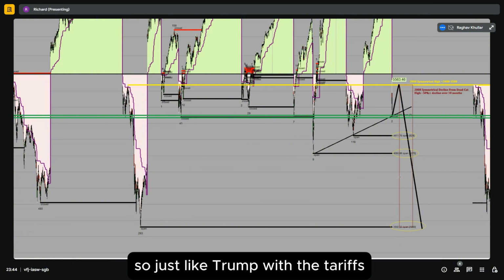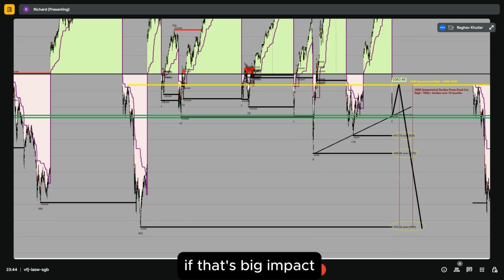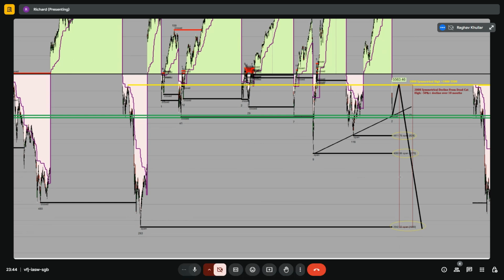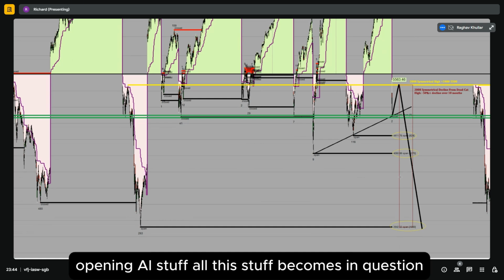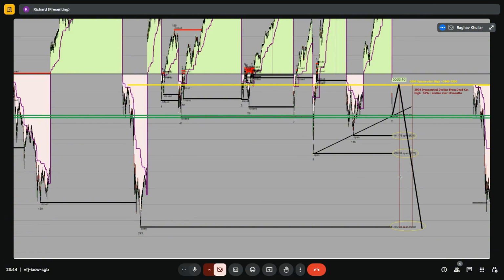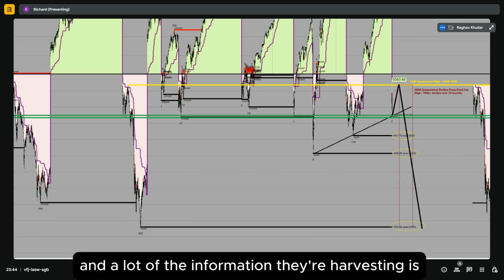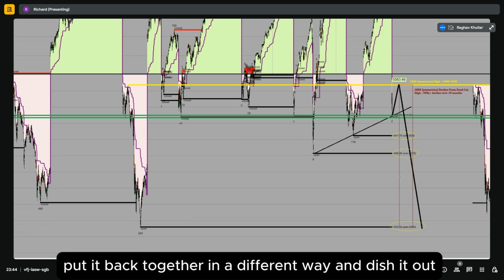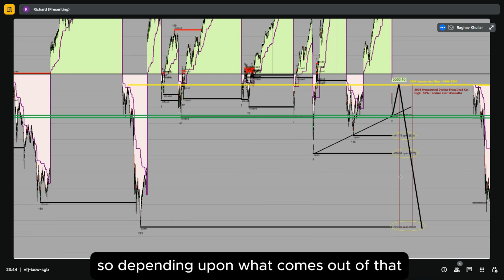So just like Trump with the tariffs, if the copyright infringement plays against NVIDIA, DeepSeek, the ChatGPT stuff, OpenAI stuff, all of this becomes in question, because their whole business model is built around harvesting information. And a lot of the information they're harvesting is, of course, copyrighted material. All they do is aggregate it, put it back together in a different way, and dish it out. So depending upon what comes out of that, that could be another market moving event.